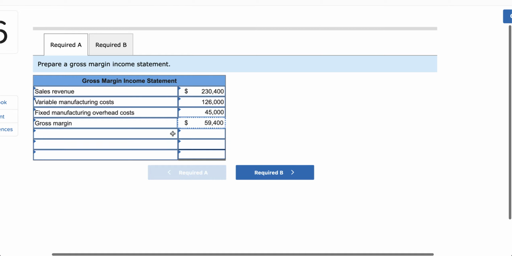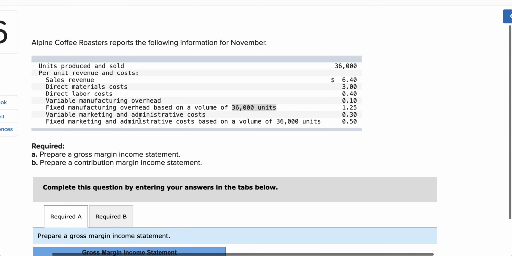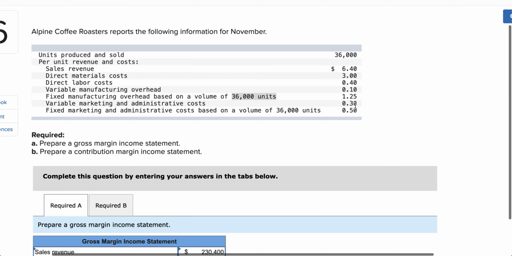The next item is to subtract, and they break the marketing down into variable and fixed components as well, primarily because the next thing we're doing is the contribution margin, and we need it broken down in that way. But the variable marketing is 30 cents per unit.